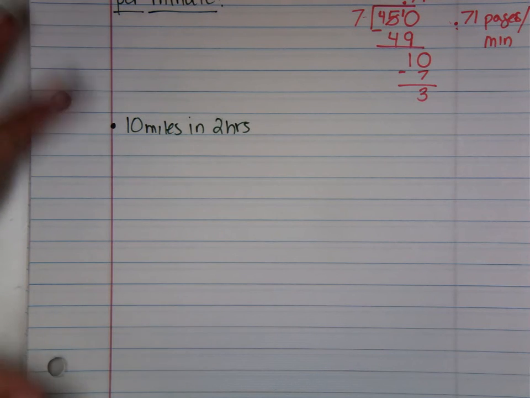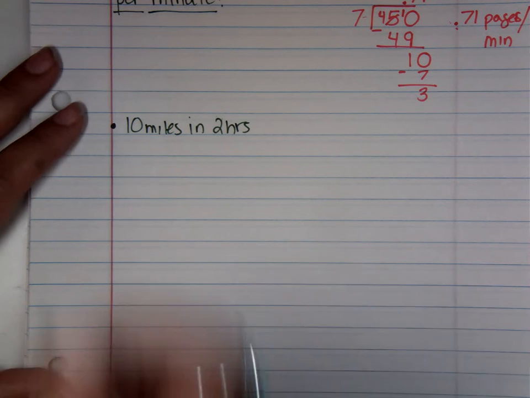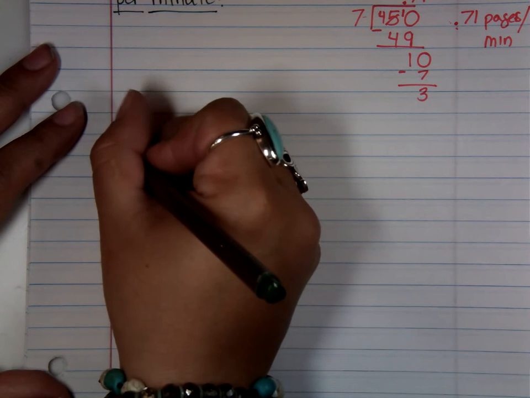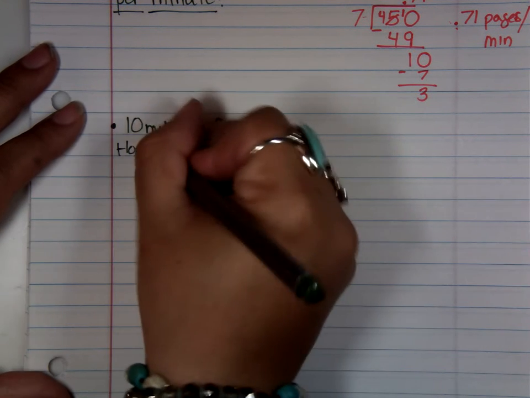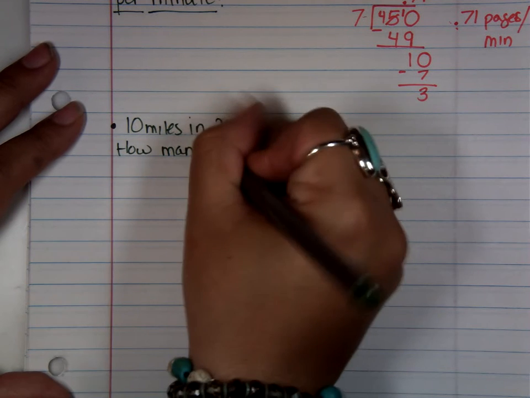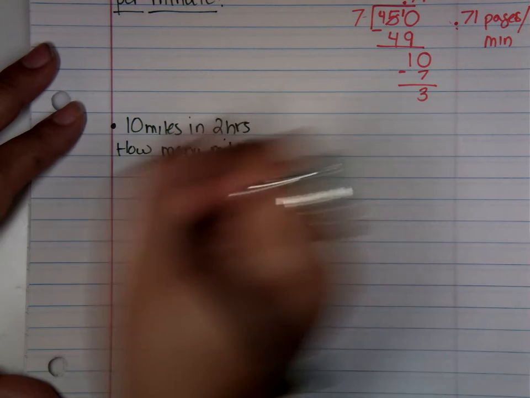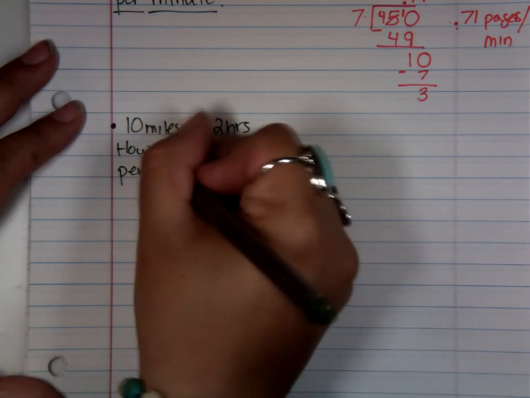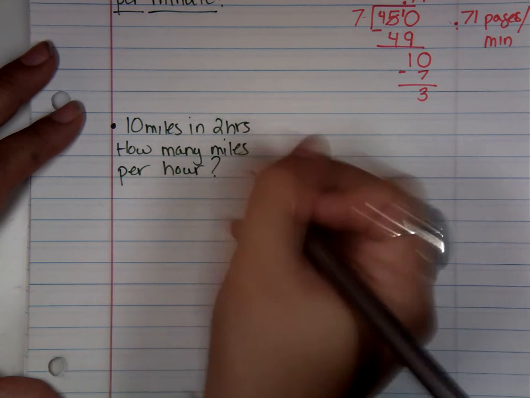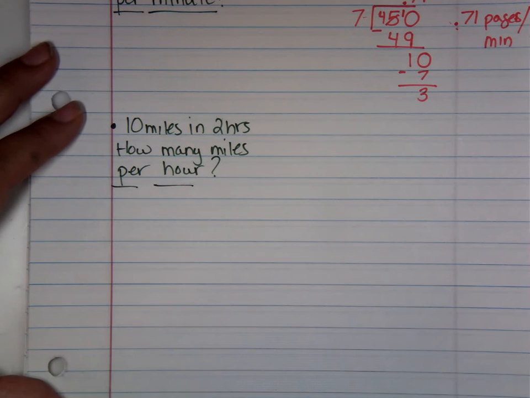Okay? The question we want to ask, if we are finding the unit rate, we want to know how many miles per hour. That means for every hour, for 1 hour.